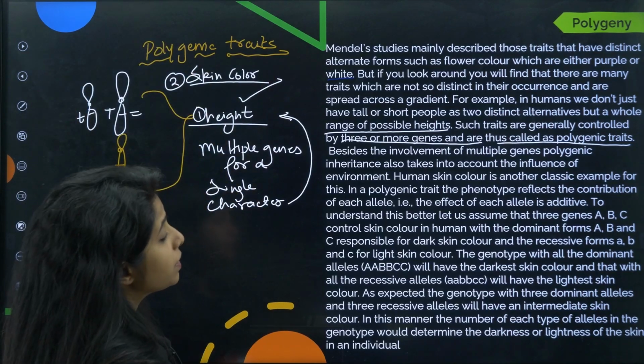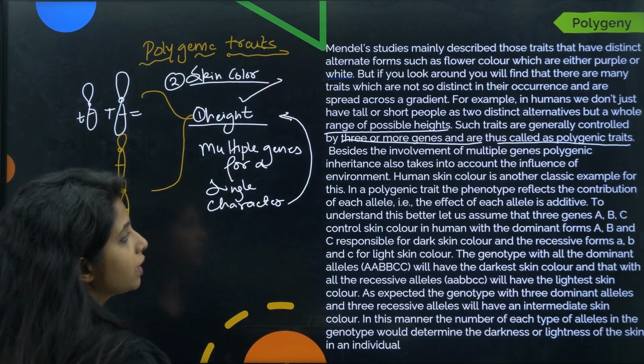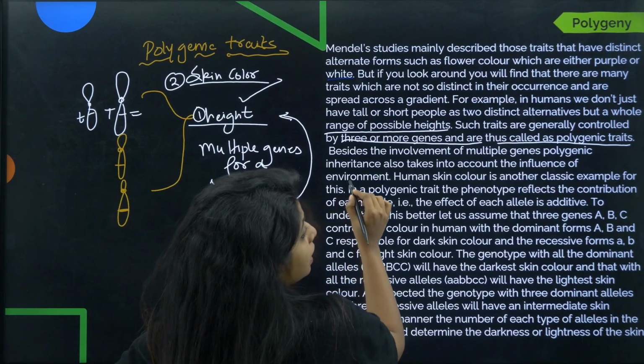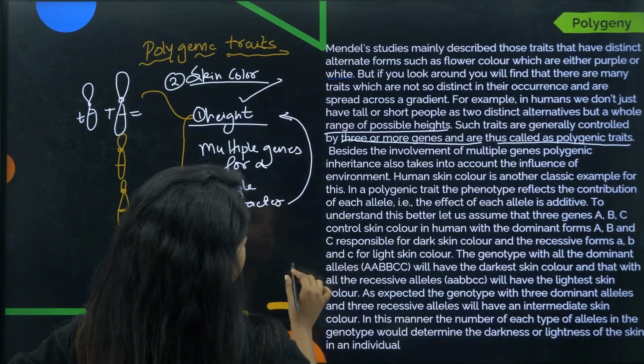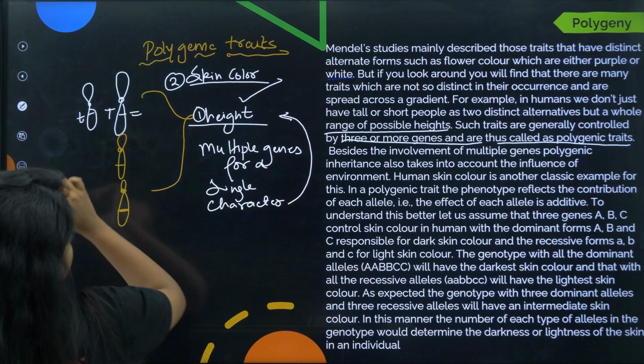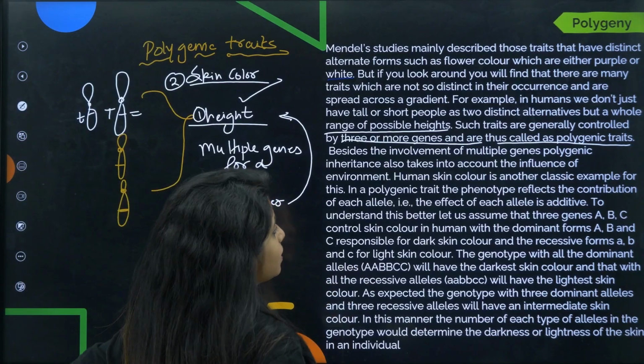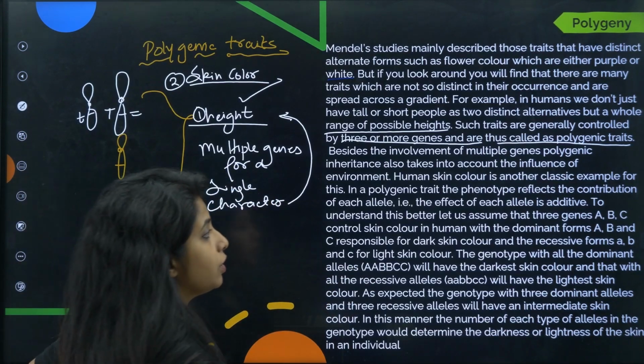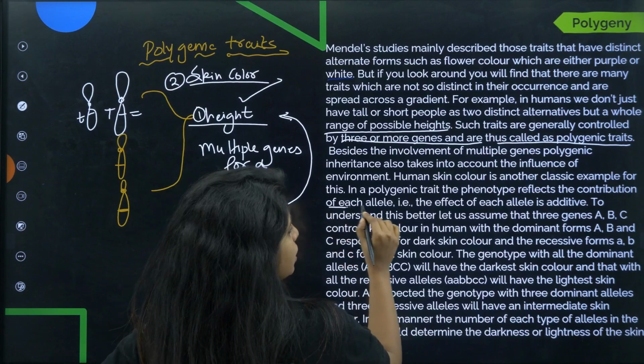Now, going ahead, besides the involvement of multiple genes, polygenic inheritance also takes into account the influence of environment. Next example, human skin color is another classic example of this. In a polygenic trait, the phenotype reflects the contribution of each allele.